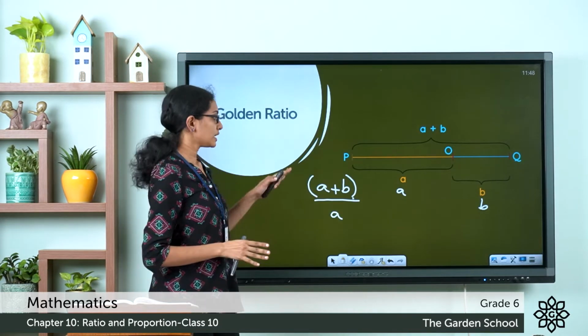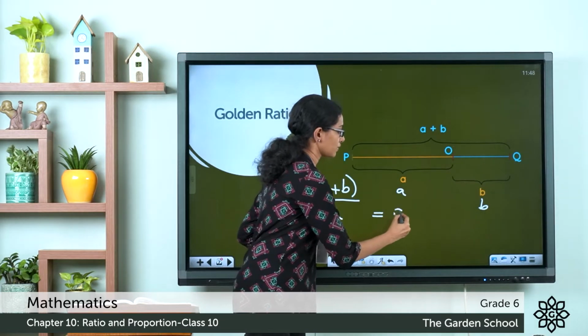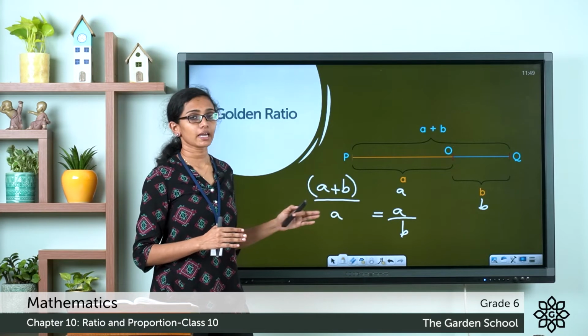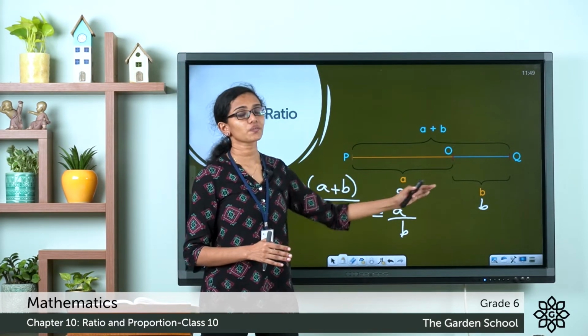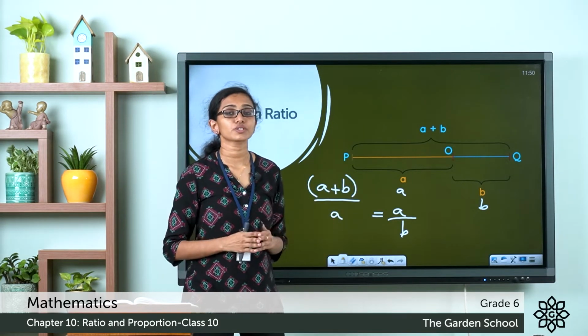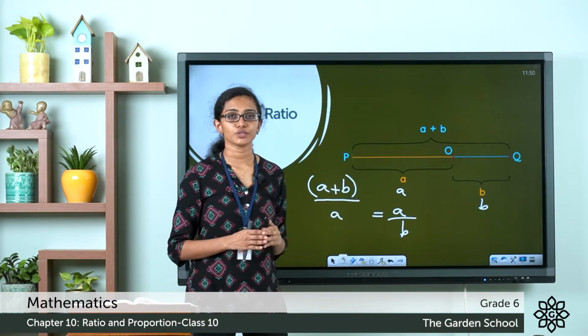Now if this ratio, (A plus B) by A, is equal to the ratio A by B, where A is the length of the longer segment and B is the length of the shorter segment, if these two ratios are equal, then it will be in the golden ratio.